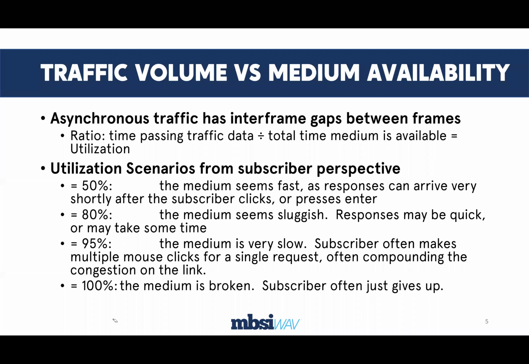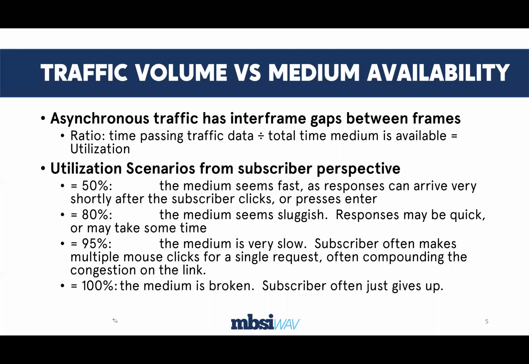But if I have more links that are poor quality than good quality, my time on the link might actually be much more. My data rate might reflect the fact that the link itself might be very close to 100% utilized, because the time passing the traffic divided by the total time the medium's available might be almost full up.